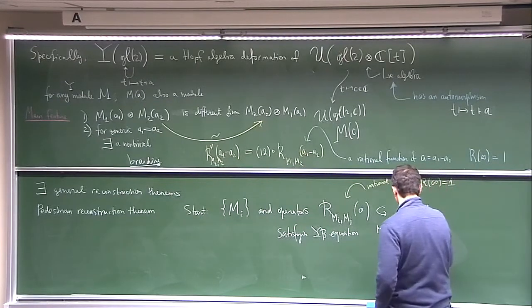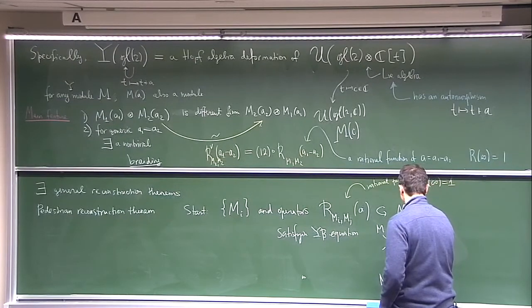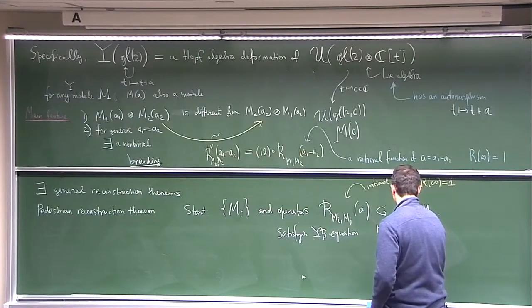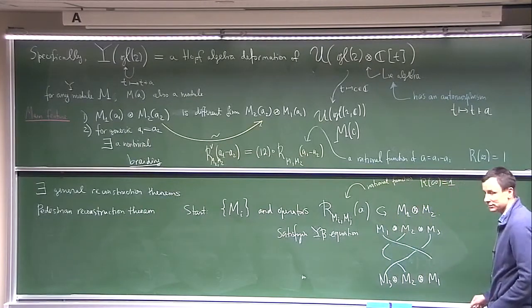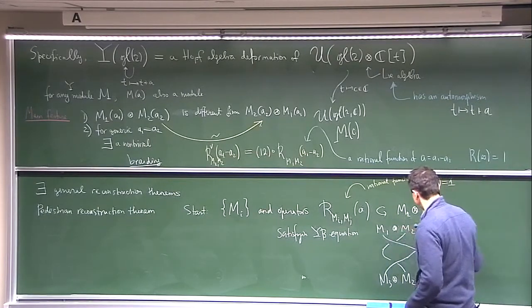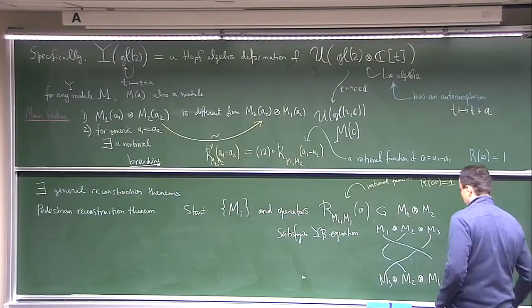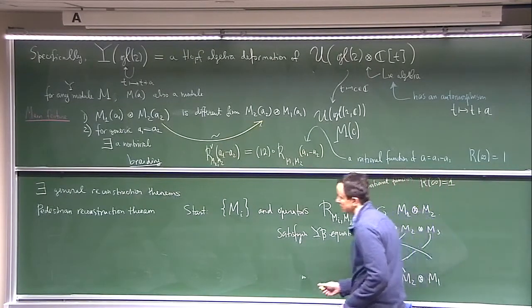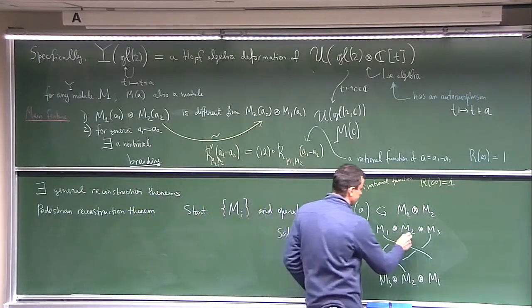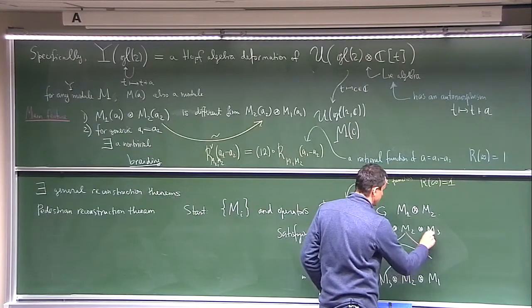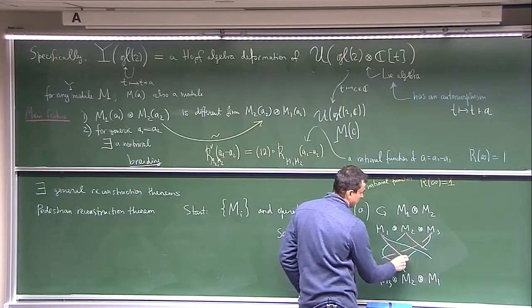I can first commute the first 2, then this 2, and this 2. This overcrossing, undercrossing is not important here. Or I can do the opposite: first I cross this 2, I cross this 2, and I cross.